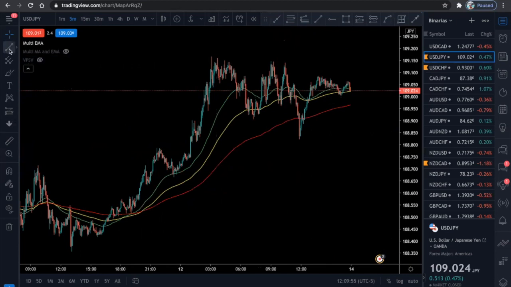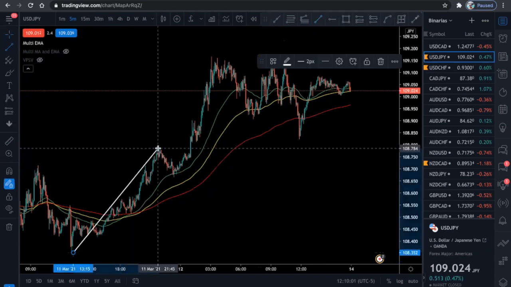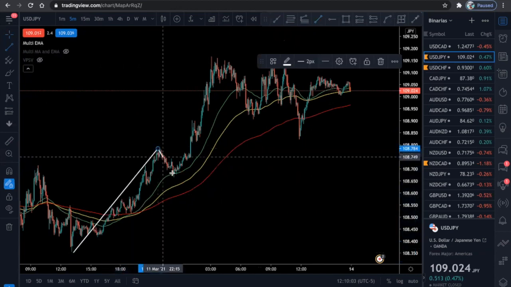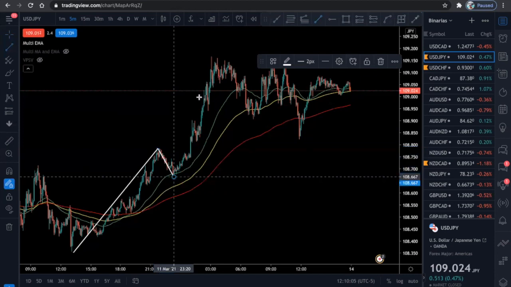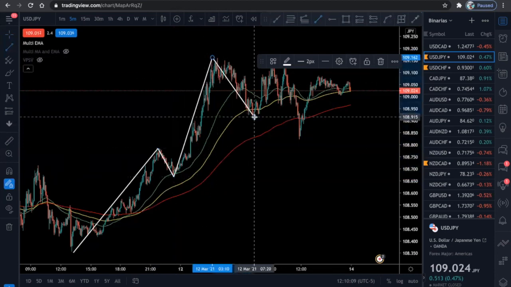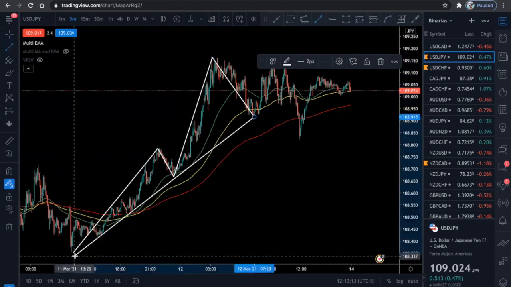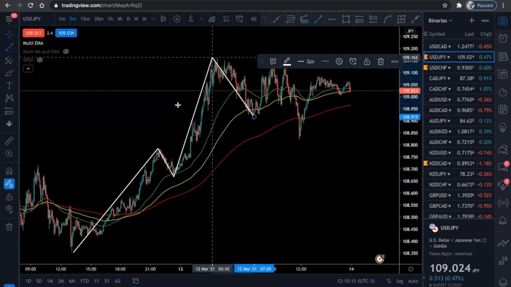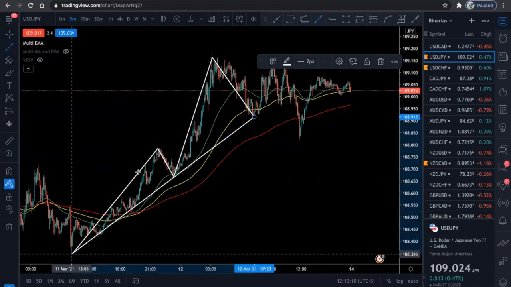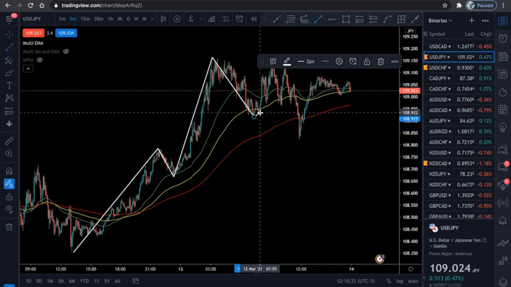Because you can clearly see you had a movement to the upside, then you had a higher low, then you had a higher high, then you had a higher low, right? This low is higher than the previous one, and this high is higher than the previous one. So higher high, higher low, higher high, higher low.